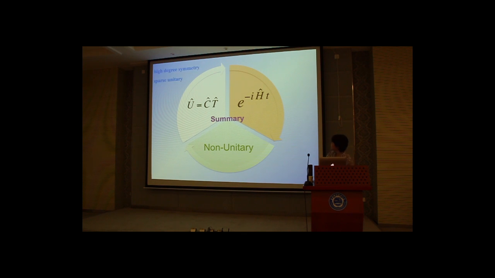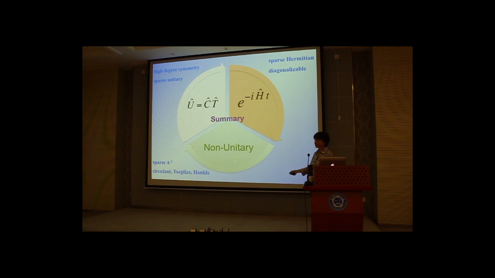So to summarize, for this discrete-time quantum walk, we can do very well for graphs with a high degree of symmetry. And we can do arbitrary sparse unitaries. On this side, we can do sparse Hermitian, and we can do it if the graph can be diagonalized efficiently.